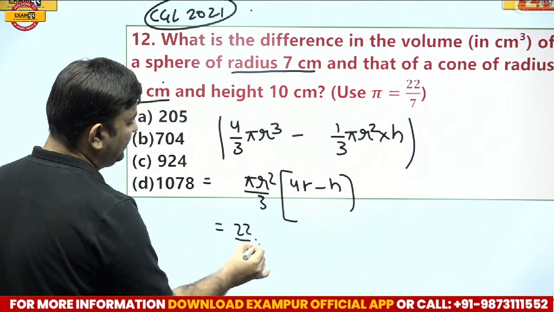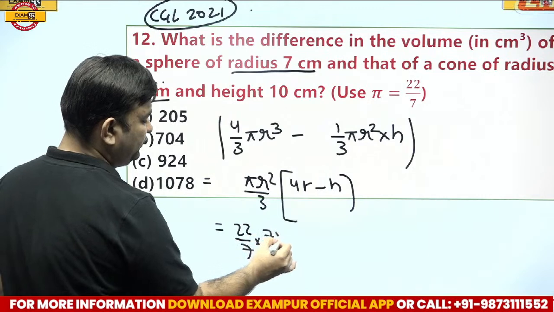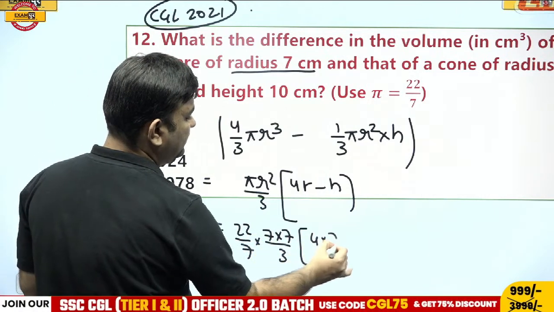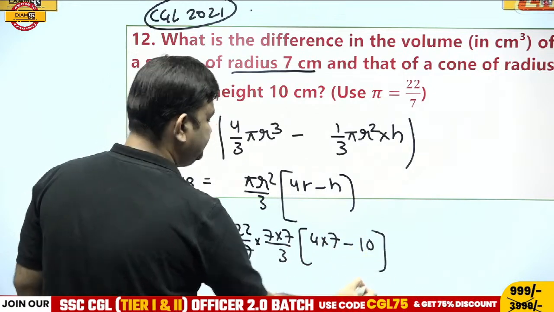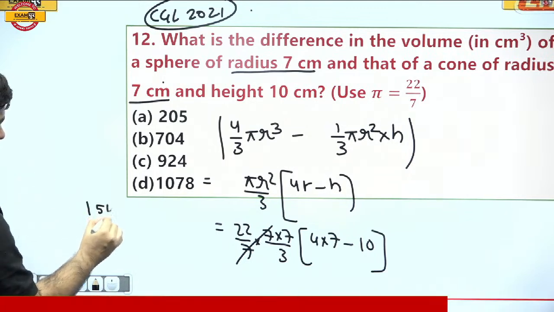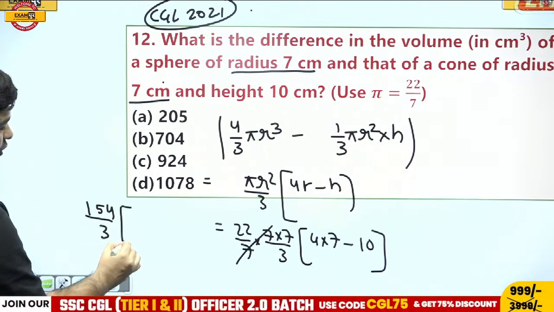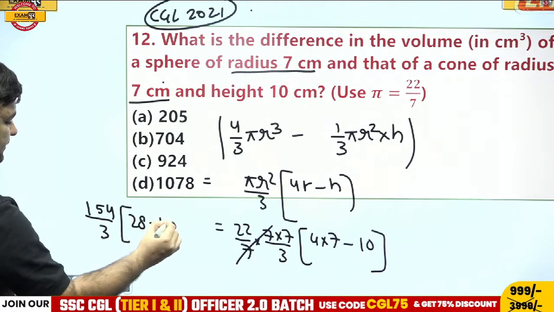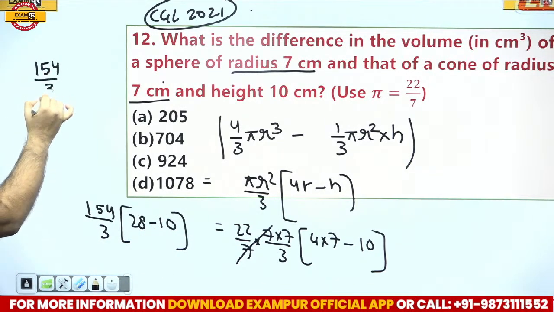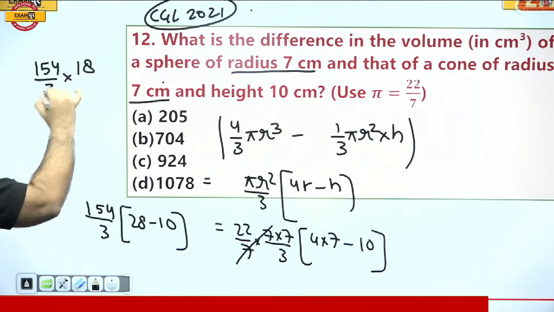22/7, r² with r as 7, so 7 into 7 divided by 3. 4r is 4 into 7, h is 10. So 154/3 into (28 minus 10), which is 154/3 into 18.